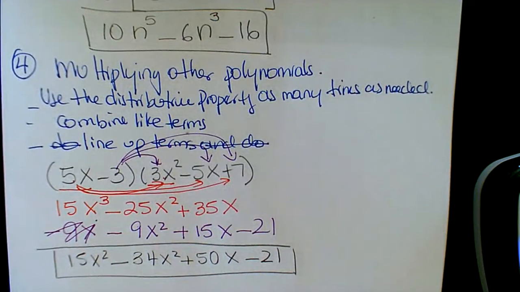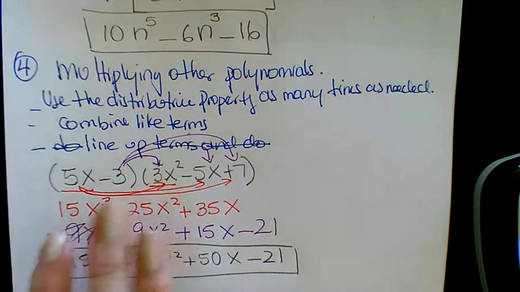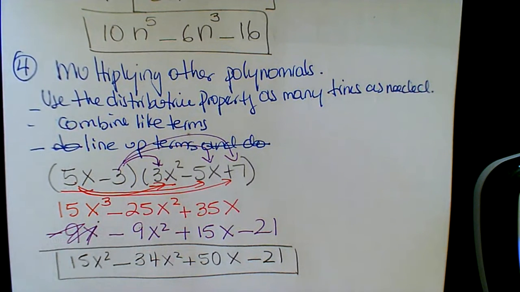So what I was saying was that I prefer to do this, lining up terms as I go, just like I did it now. And we could multiply 3 or more polynomials.